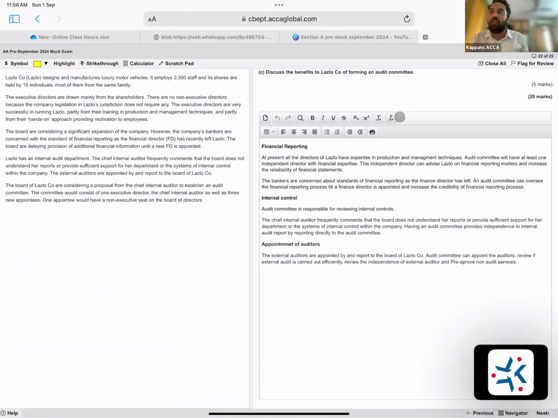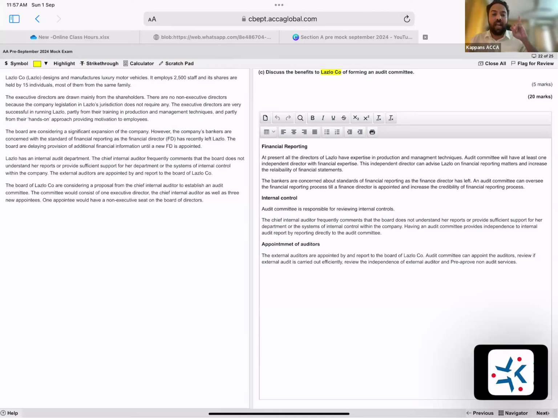Now, this is a corporate governance question. They're asking, discuss the benefit to Laszlo company of forming an audit committee. Now, if you have learned corporate governance and attended my classes, I very clearly stated to my students, in corporate governance, there are a few direct theory questions, which ACCA calls narrative questions, which are quite frequently asked.